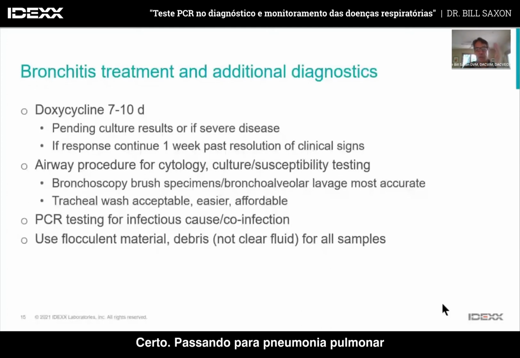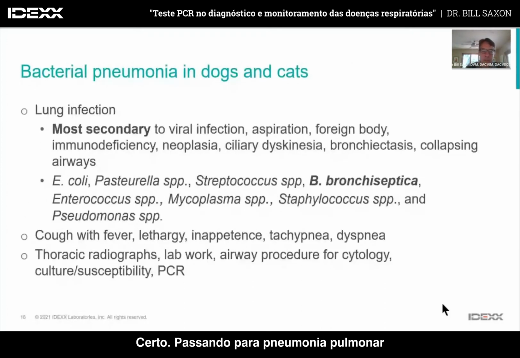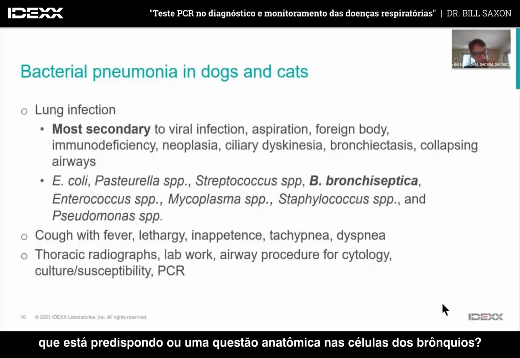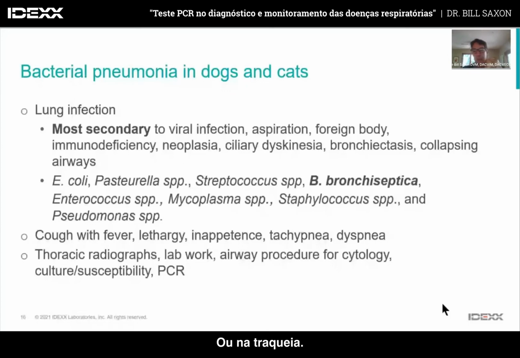Okay. Going further into the lungs, bronchopneumonia or bacterial pneumonia in dogs and cats is almost always secondary to something else. Primary bacterial pneumonia does occur, but whenever I have pneumonia in my patient, I'm thinking, do we have aspiration here? Is there some foreign body that I'm not seeing? Is there something wrong with this dog's overall immune system that's predisposing, or an anatomical issue in the bronchi themselves, or trachea, bronchiectasis, collapsing trachea, ciliary dyskinesia in, say, pugs and other breeds.